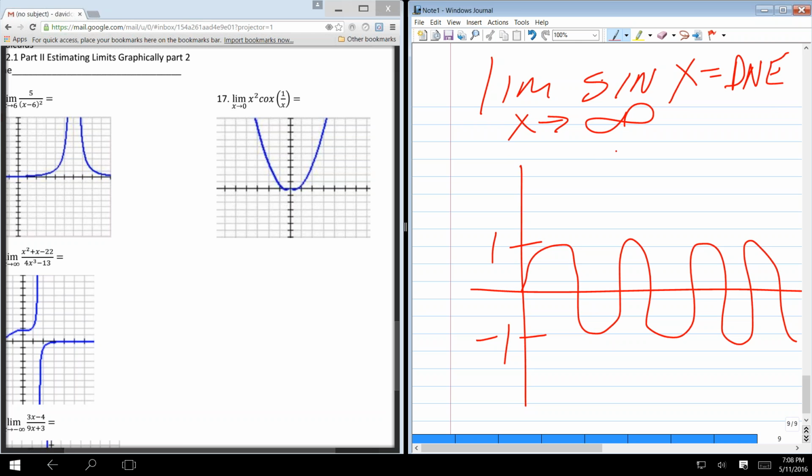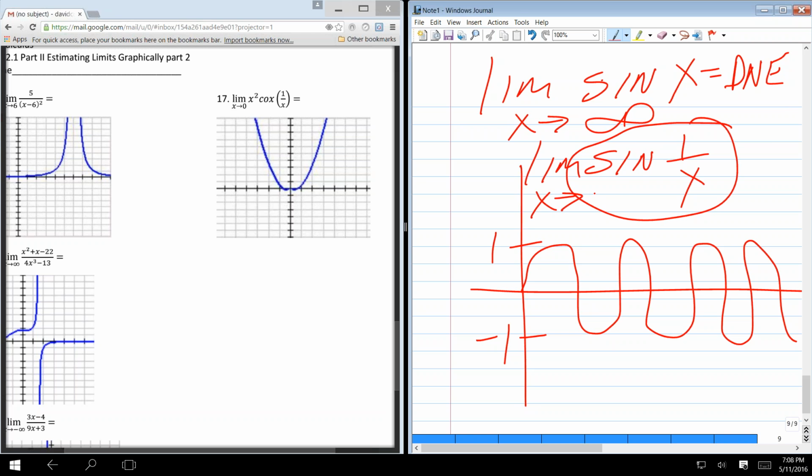And okay, the limit of sine of 1 over x, it's not really any different. Yes, it is. Excuse me. The limit of sine of 1 over x as x goes to infinity is going to be 0. Okay, this is not the curve for sine of 1 over x.